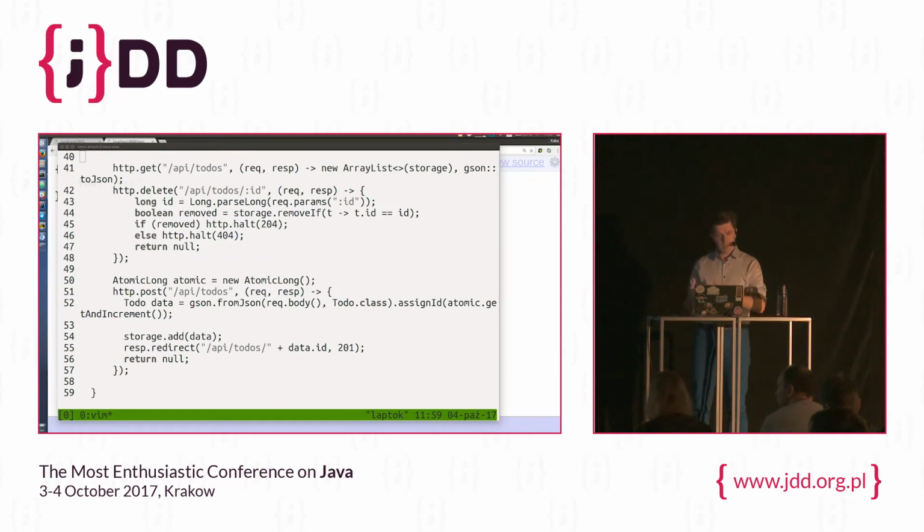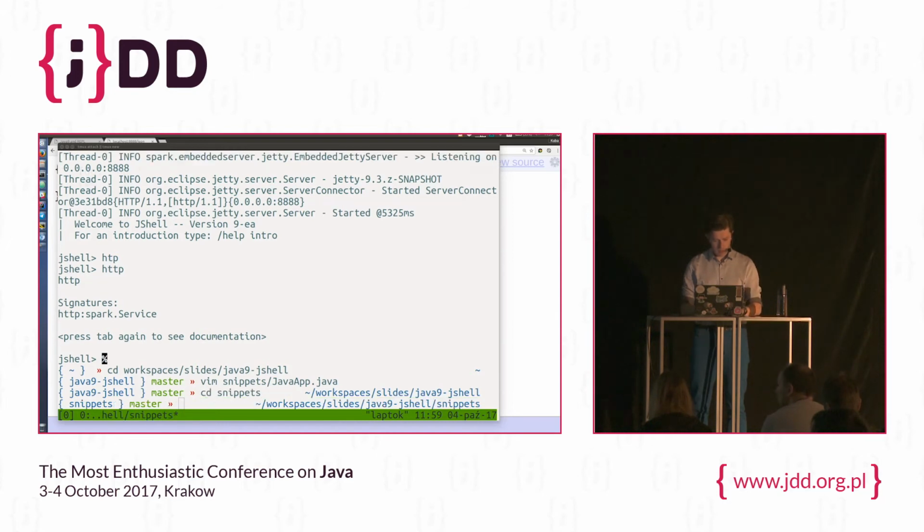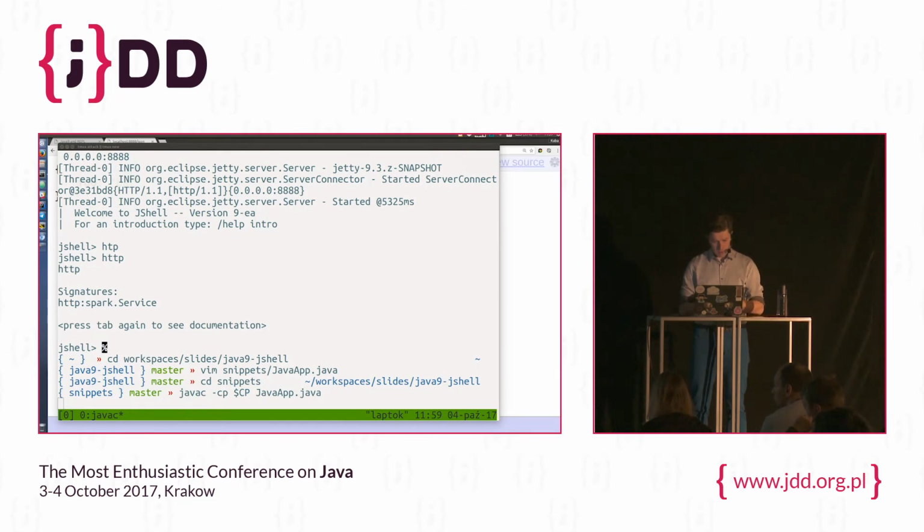So this is fully fledged, fully blown Java code. I can go to snippets and I can javac it, so I can compile it with a class path. Yep, Java app, it should compile. Yep, and I can run it with a class path called class path.